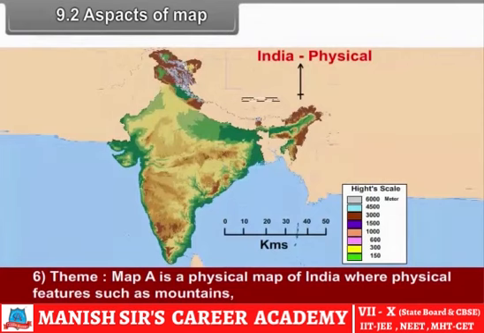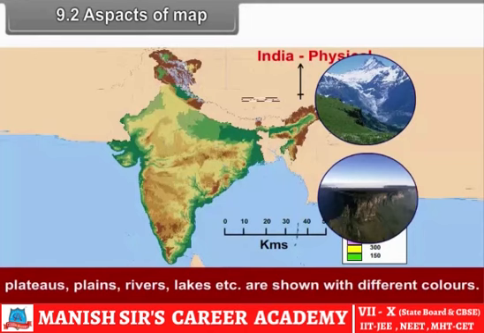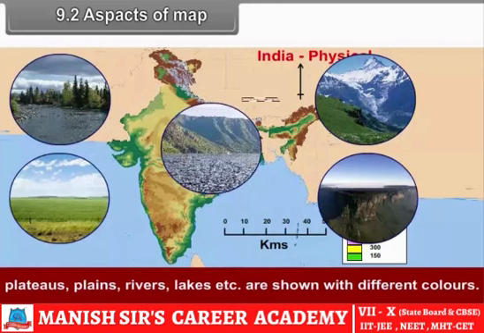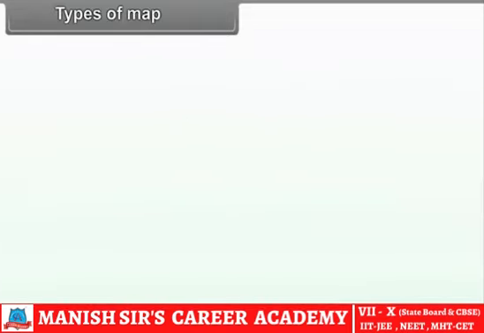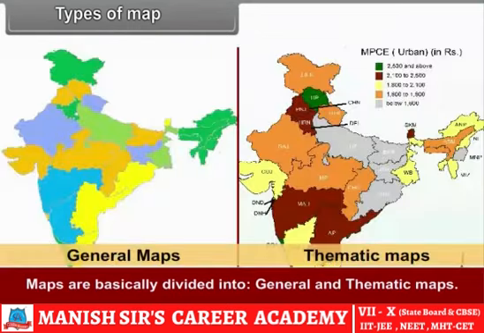Map A is a physical map of India where physical features such as mountains, plateaus, plains, rivers, lakes, etc. are shown with different colors. Map B is a thematic map mainly indicating the sex ratio in different states in India. Maps are basically divided into general and thematic maps.